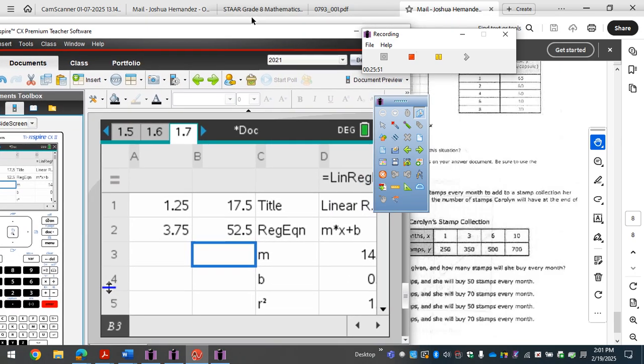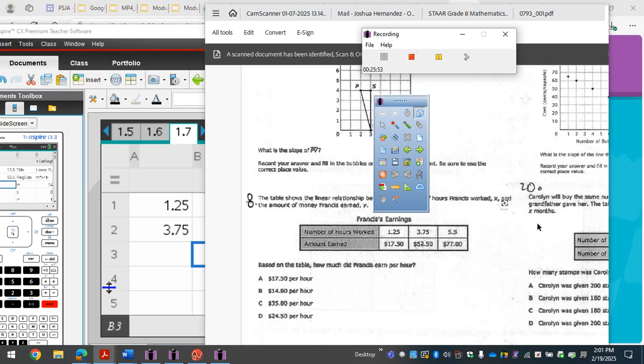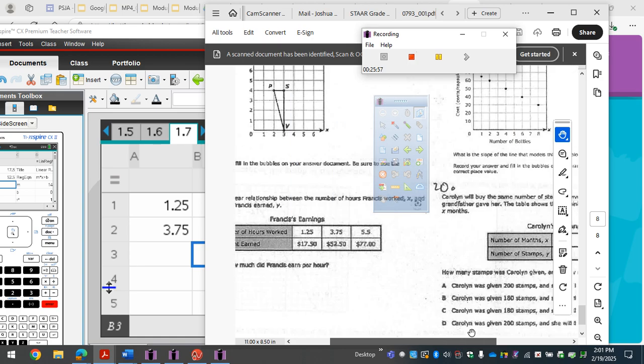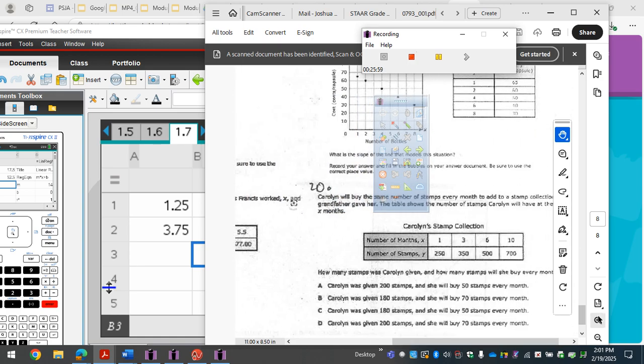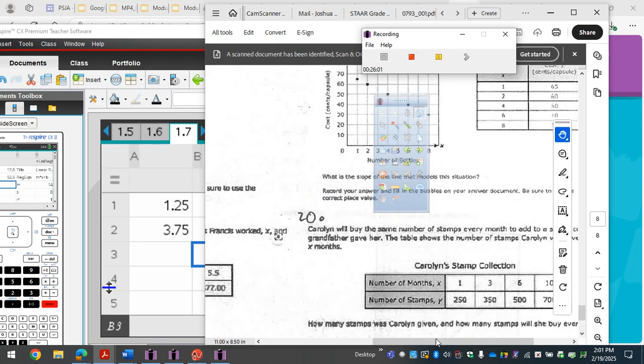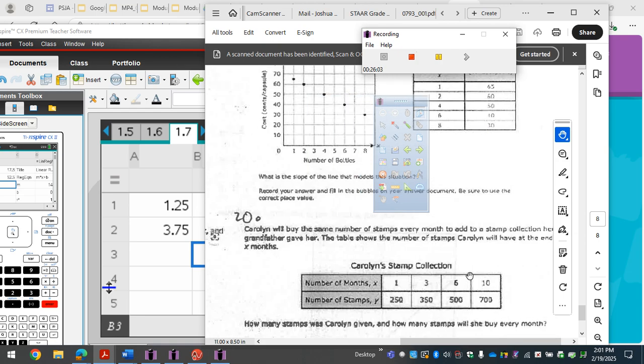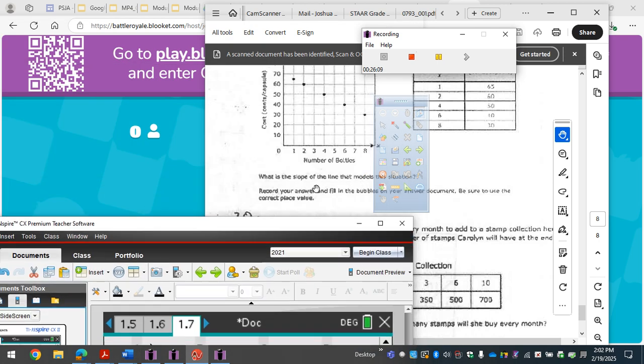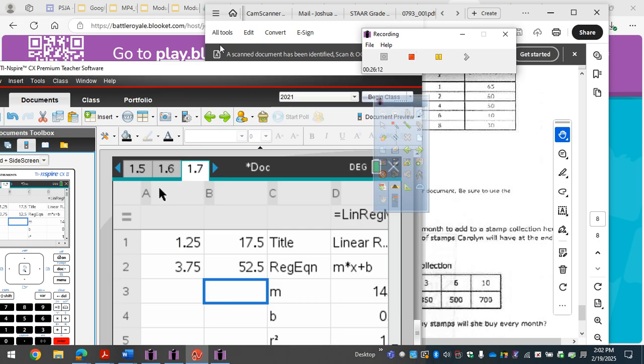Let me fix this real quick. Okay. Let's see what the question's asking. What is your slope? Yeah, that's easy. So we're going to use these coordinates here.